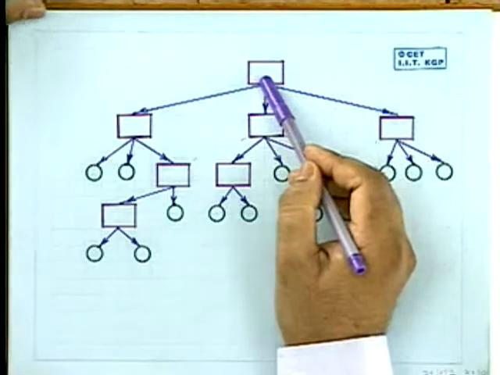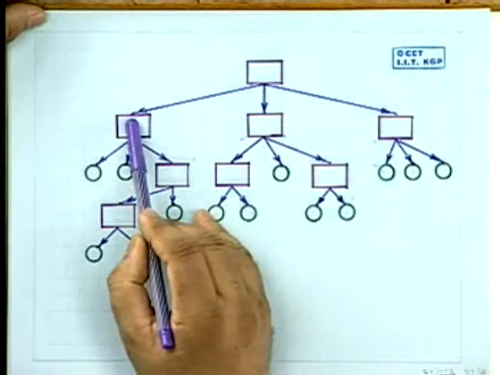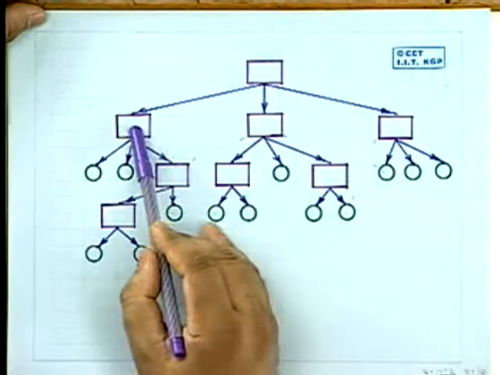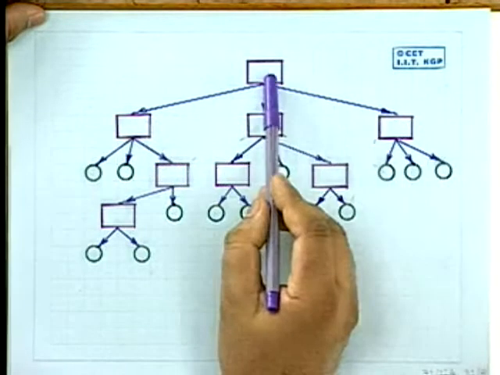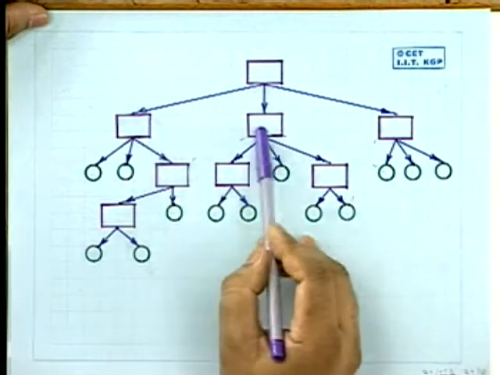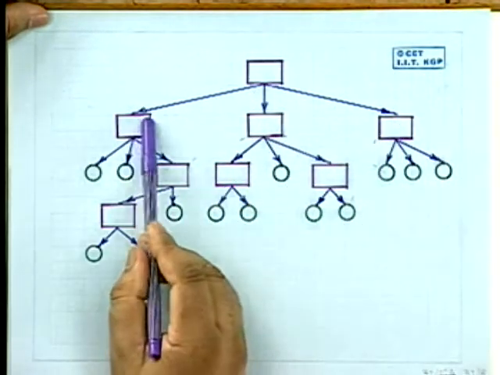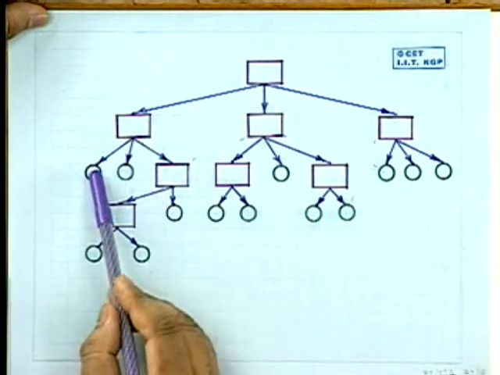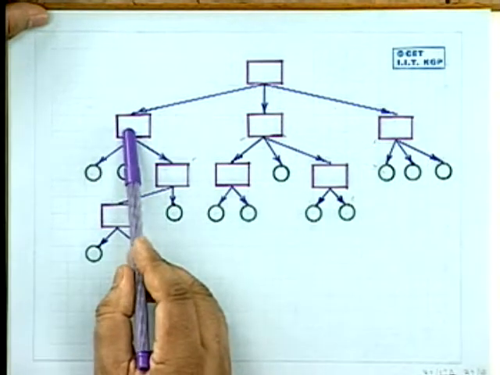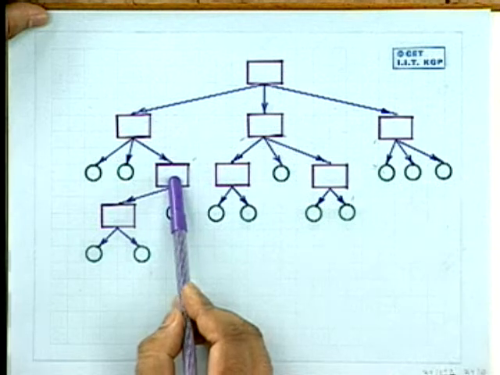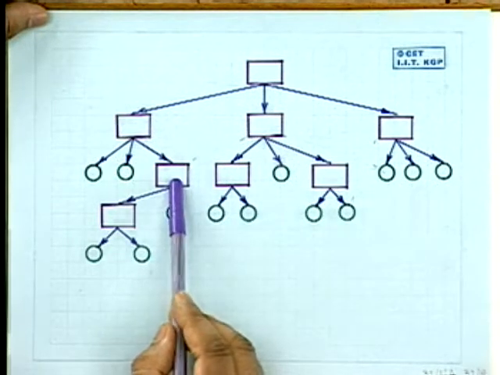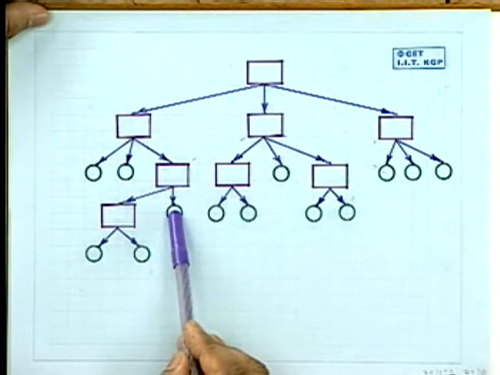Now this directory has 3 directories under it. We call them subdirectories. Therefore this directory has 3 subdirectories. One of the subdirectories, say this one, has 2 files under it, and another subdirectory under it. This subdirectory has another subdirectory under it and a file under it.